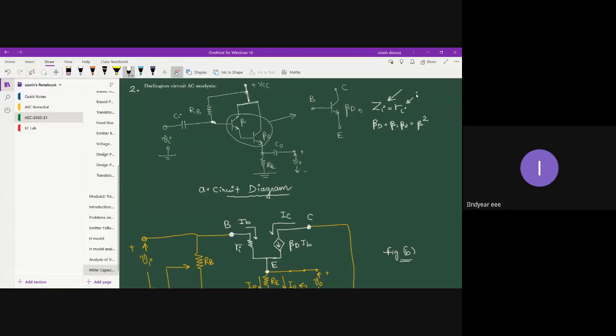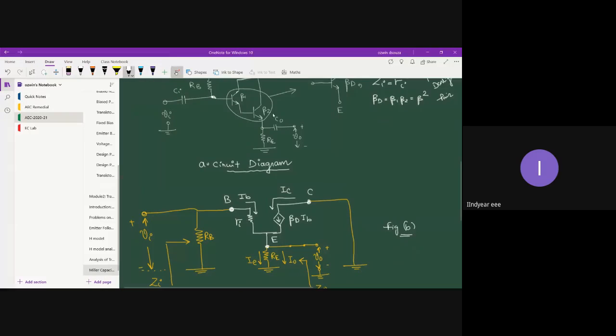So Ri is the overall input impedance of the Darlington pair.